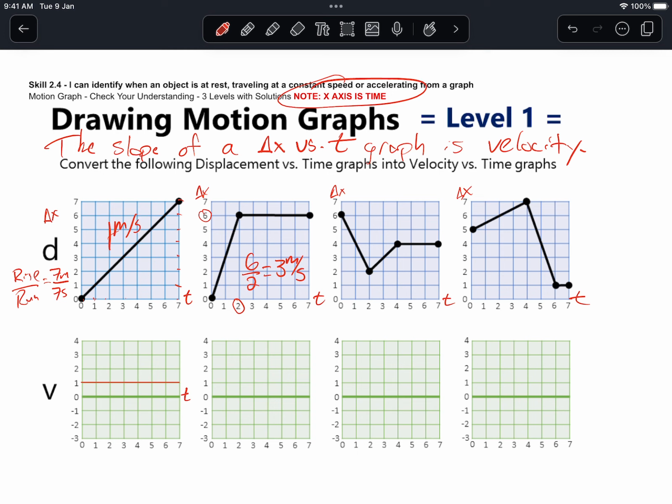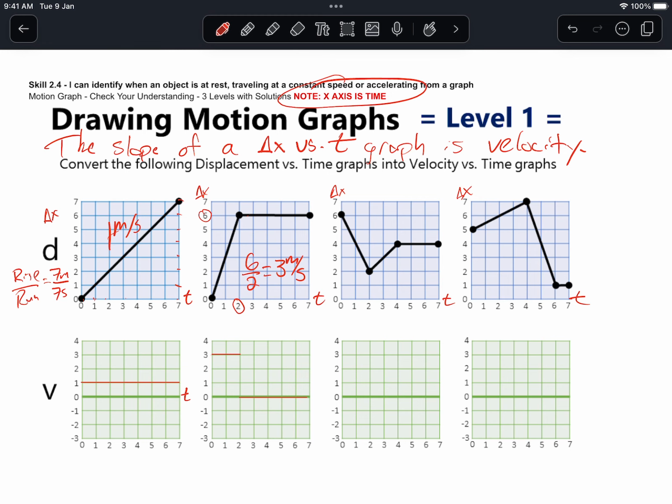But it's only going 3 meters per second for the first 2 seconds. So down here on my velocity versus time graph, I'm going to find the 3 meters per second, and I'm going to go 2 seconds. There. Then the object stays at position 6. There is no slope. Therefore, its velocity is 0. And I can make it like that. Okay? So that's how level 1 of these graphs goes.